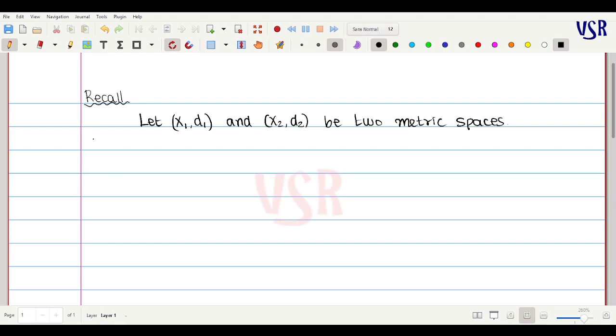A function f from x1 to x2 is said to be a homeomorphism.